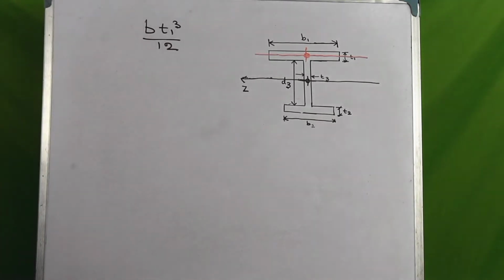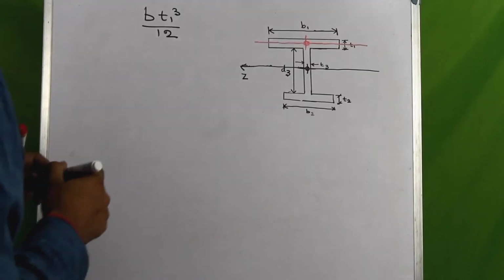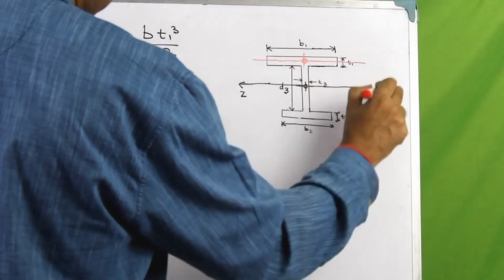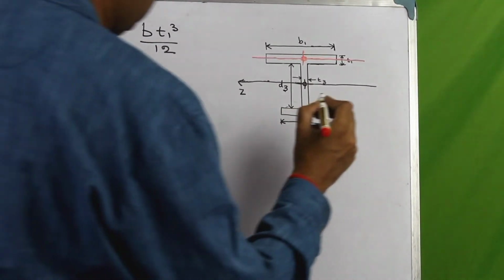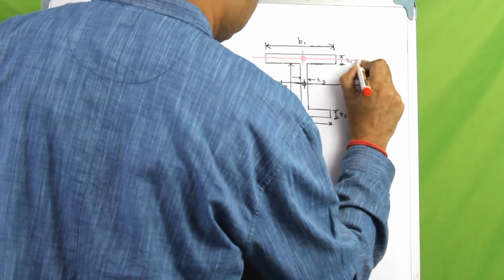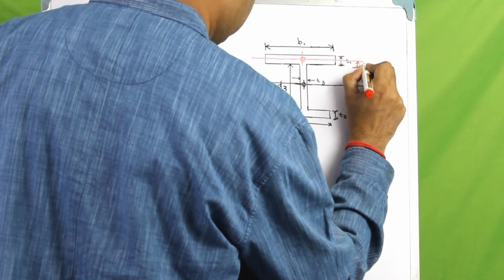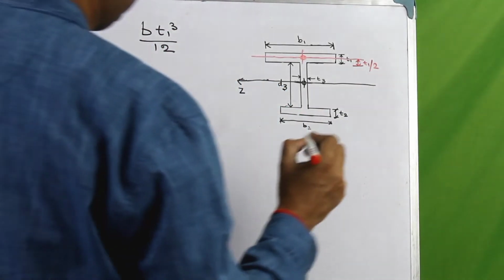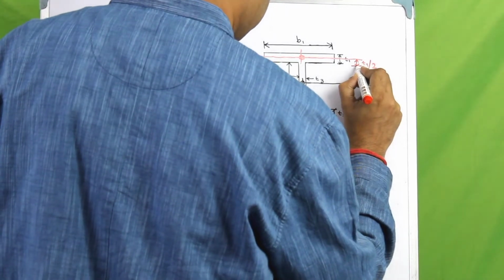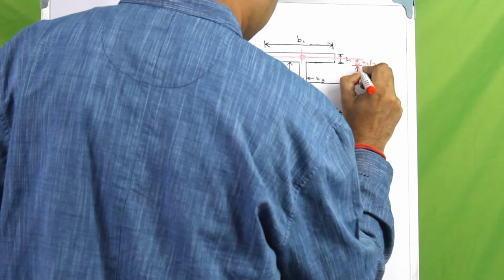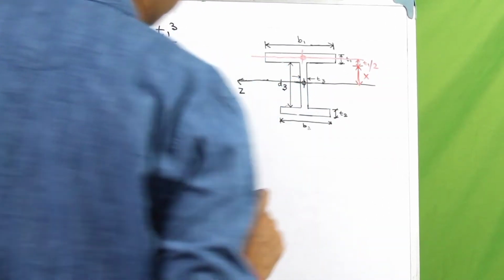Now the next thing that we would need to identify is the distance of this axis from the centroidal axis of the whole cross section. So this distance would be t1 by 2, and let this distance be, say, x.